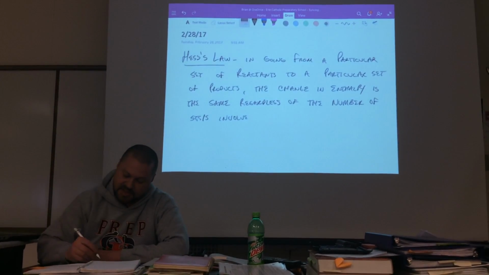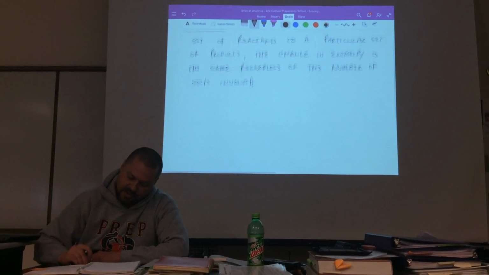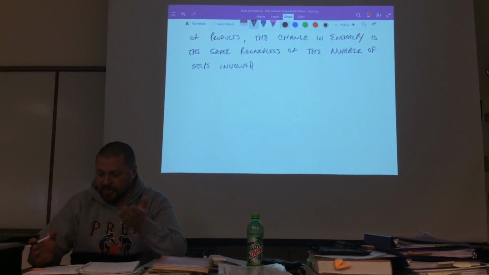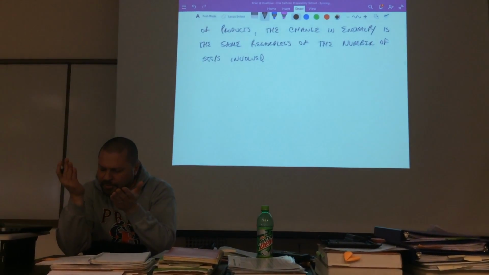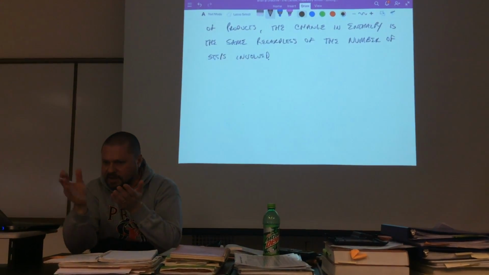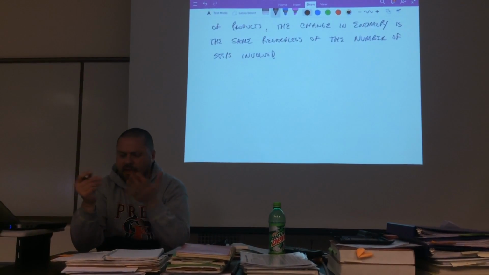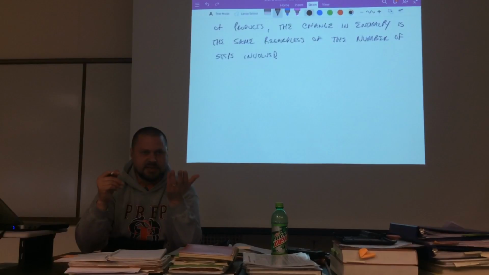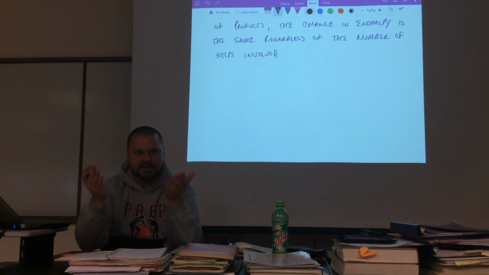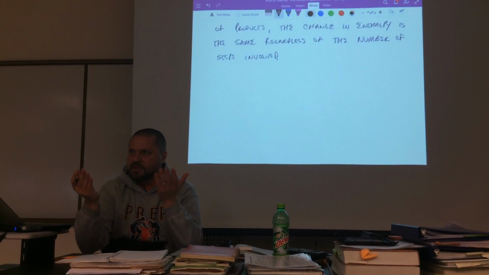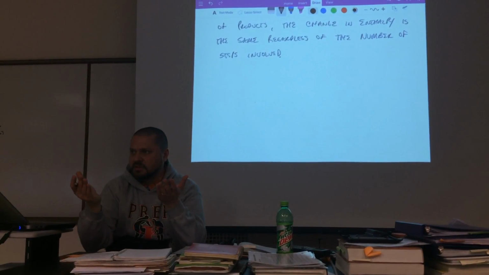Okay, so basically what we're saying is this. Really then it means that the enthalpy of the reactants, the amount of heat that the reactants contain, and the enthalpy of the products, the amount that the products contain, are the same regardless of how they got there. So it means they're both state functions.